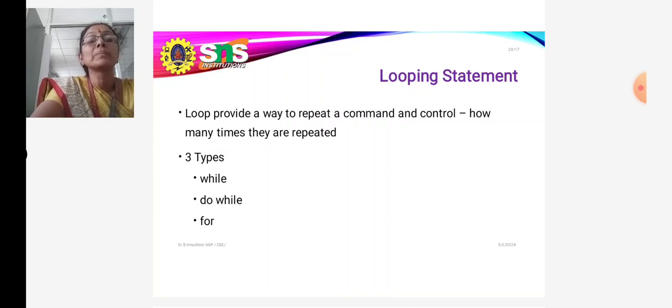We execute a set of code repeatedly until a certain condition is false. In C, we have three types of looping: while, do while, and for. Our case study is how we can implement the Armstrong number using the while loop.